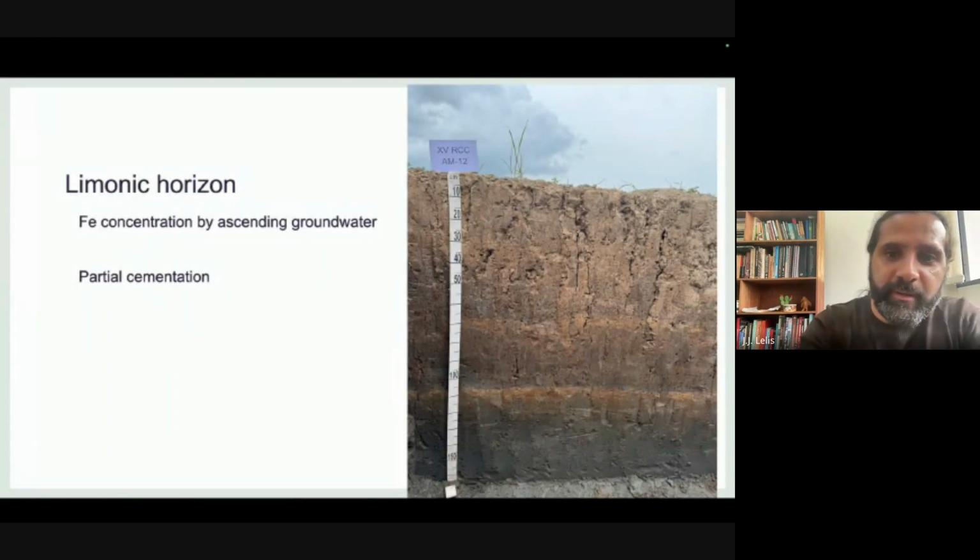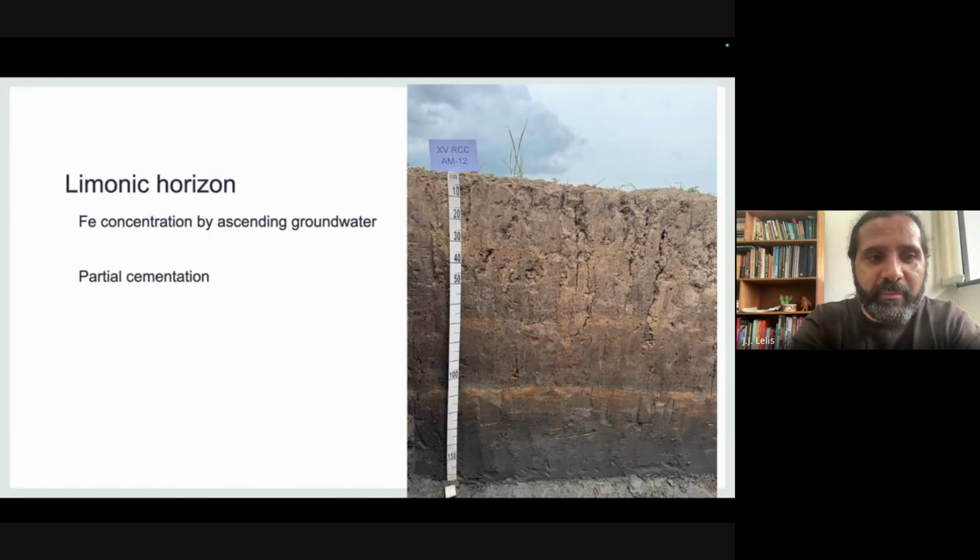Okay, let's return to the gleyic horizon. This horizon expresses some iron concentration, and in this case we have some iron that comes from ascending groundwater.